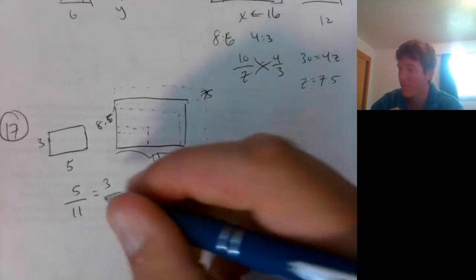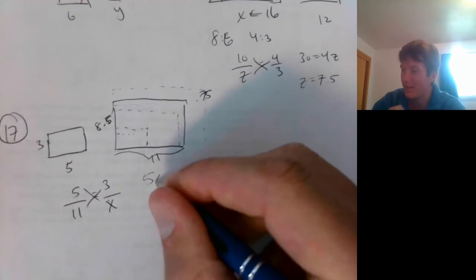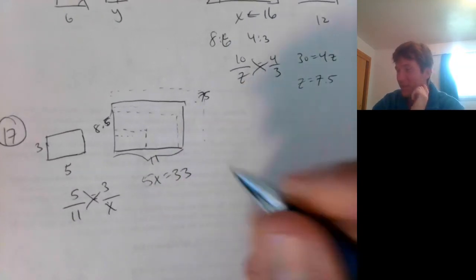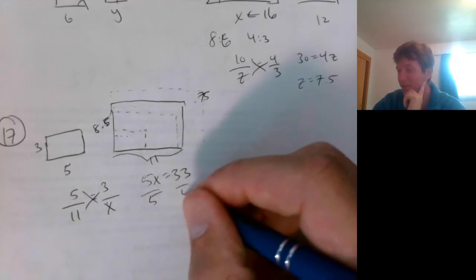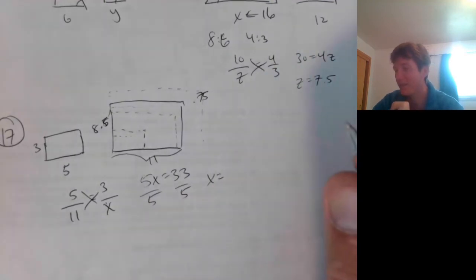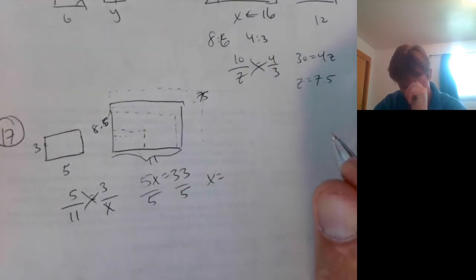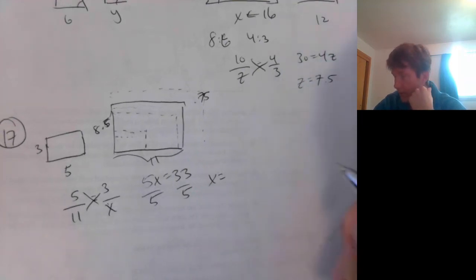How's that sound? So 5x equals 33. We're going to cross multiply. Divide by 5. X equals 6.6.